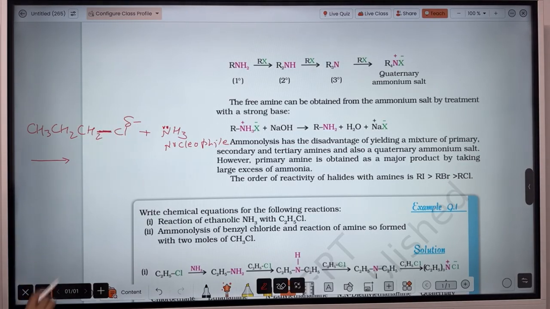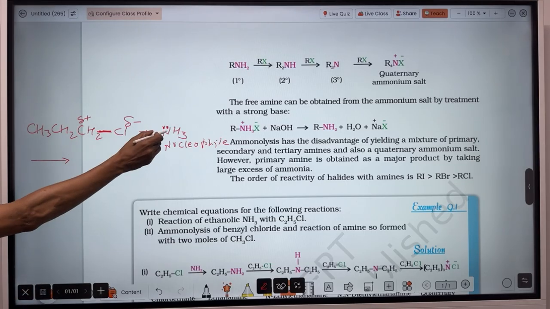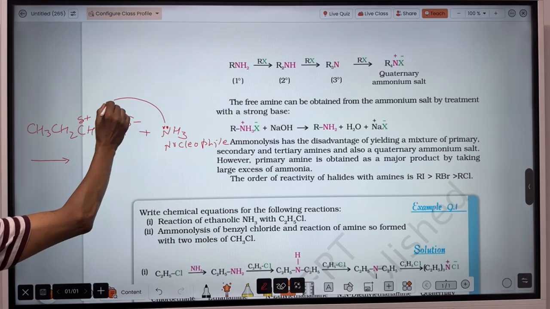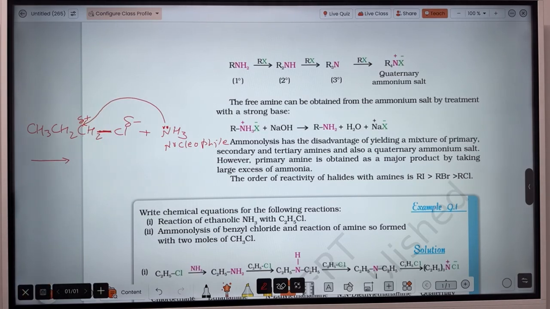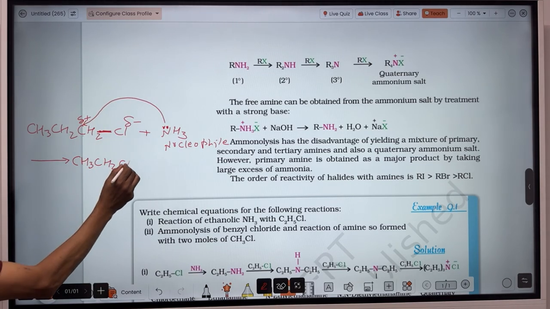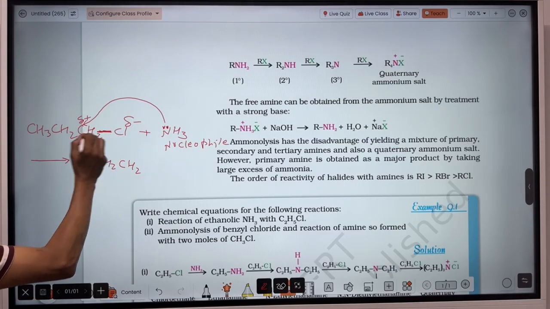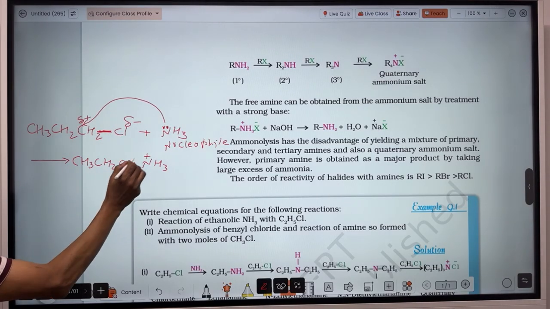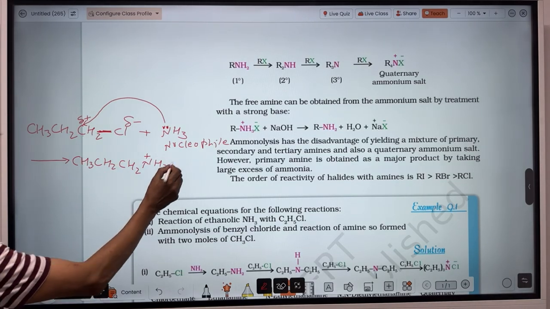So there will be formation of slightly negative charge on the chlorine and slightly positive charge on the carbon atom. So here is slightly positive charge, here is the lone pair of electrons, that is negative charge. So this ammonia will attract toward this carbon. So the compound becomes NH3 plus here and Cl minus there.